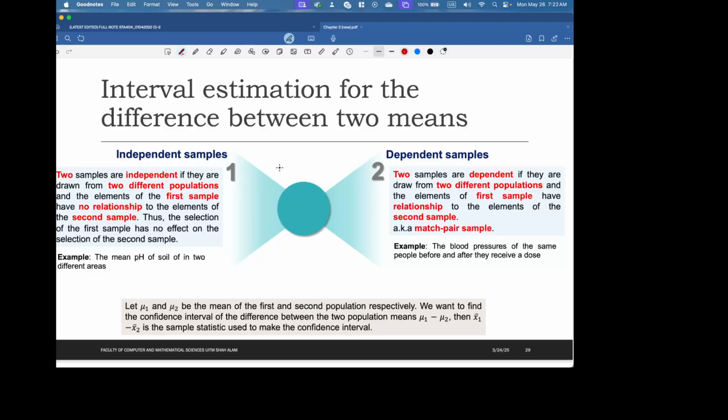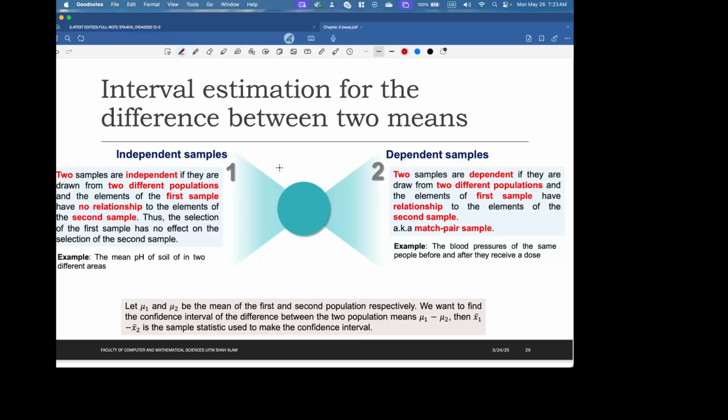Maybe you want to do UiTM Shah Alam and UiTM Jengka as examples. Because it's from two different populations, it belongs to independent.